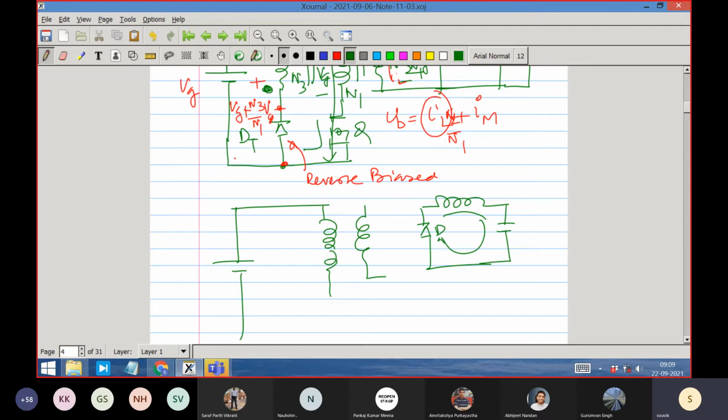Why? The magnetizing current at least had to be given a path, and that path was provided by the Zener. That's why from this terminal we had connected the Zener. But now there is no need for current to be flowing at all in this coil. In coil number 1 there is no need for current to flow, because we have given a path.